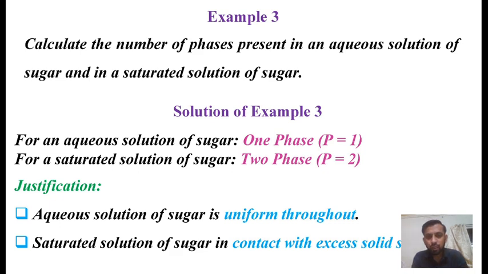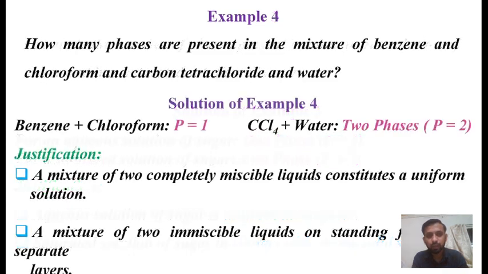Aqueous solution of sugar is uniform throughout, therefore it constitutes one phase only, while saturated solution of sugar is in contact with excess solid substance, therefore it constitutes two phases, one for the sugar dissolved in water and one for the excess solid substance, therefore it is a two phase system.